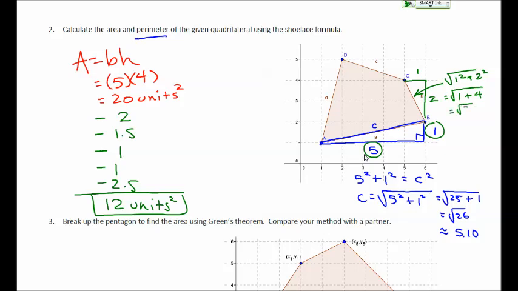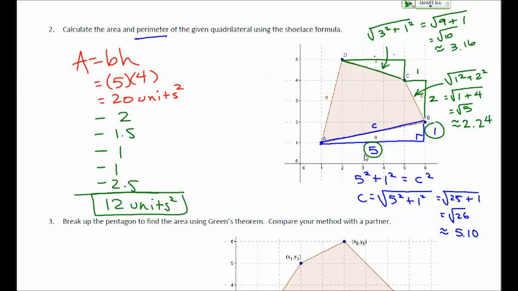So you get the square root of 5, which the decimal approximation is approximately 2.24. Okay, next, DC, I will use this triangle, and this length is the square root of 3 squared plus 1 squared, which is the square root of 9 plus 1, the square root of 10, and the decimal approximation of the square root of 10 is 3.16.